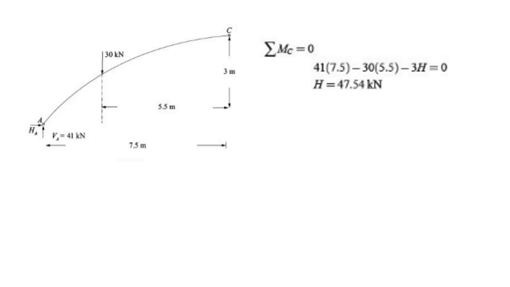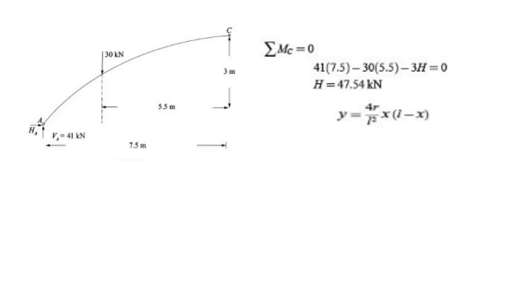If you consider the right of the section, you get only two moments, that is RB into 7.5 minus H into 3. RB is 19 into 7.5 minus 3 into H, you get again H as 47.54 kilonewton only. Okay, maybe H is in the opposite direction, it is minus 47.54.